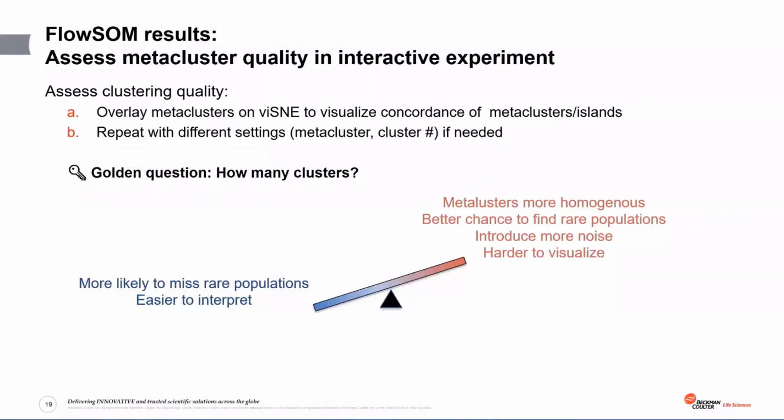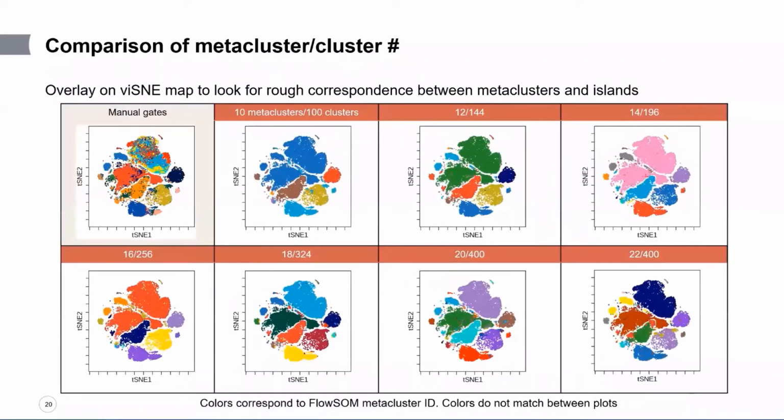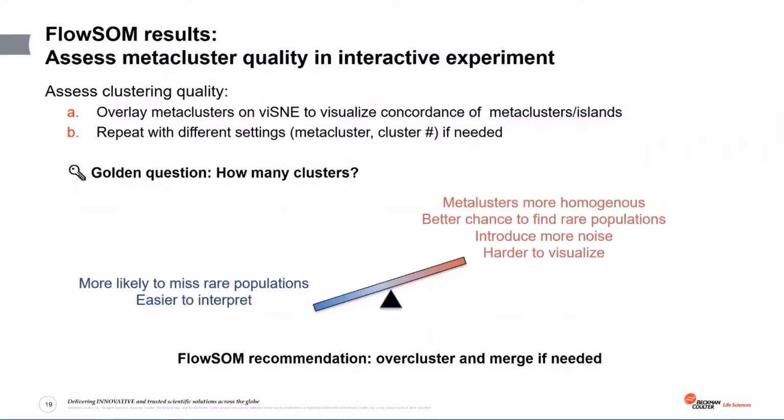You might introduce some more noise into your results, but you have a better chance to find rare populations, and your metaclusters will be more pure, more homogeneous. So fortunately, within Cytobank, since you can set up so many runs, you can iteratively set up different cluster numbers. And as I mentioned, we recommend that you overcluster and merge if needed.